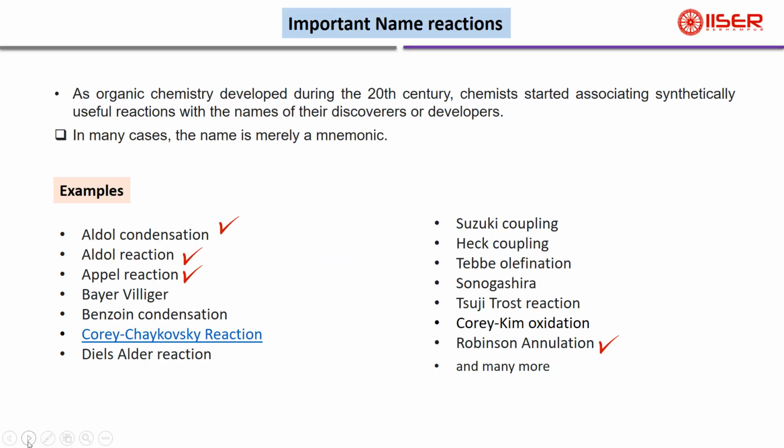So let's start. Initially we have already discussed some reactions earlier. Then we move to discussing some named reactions. Some of them have already been discussed in the last classes.